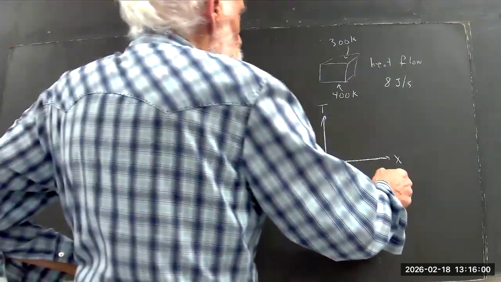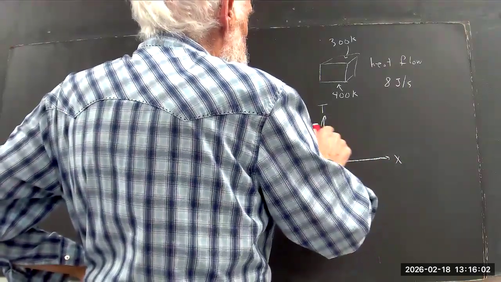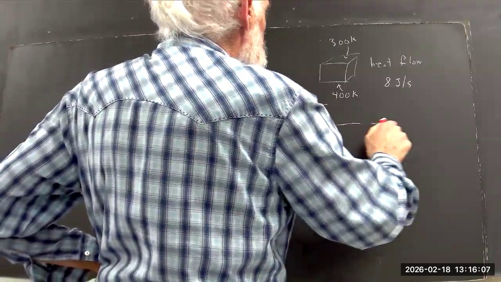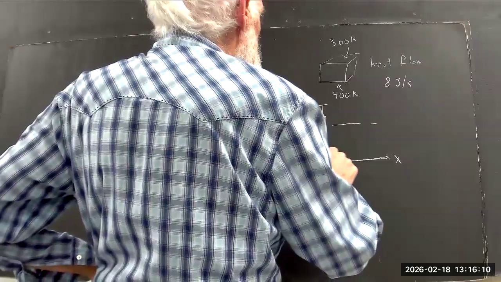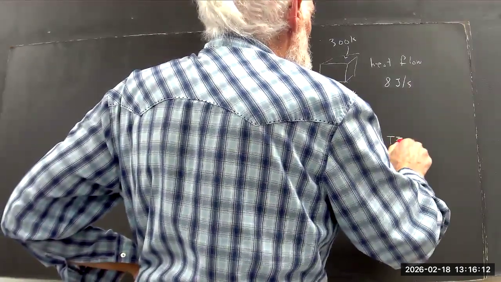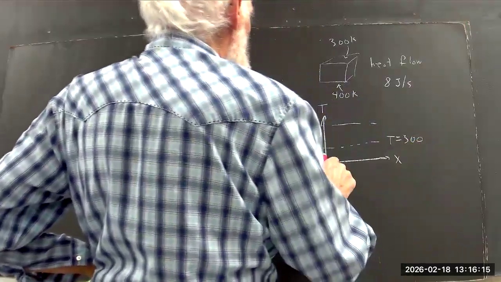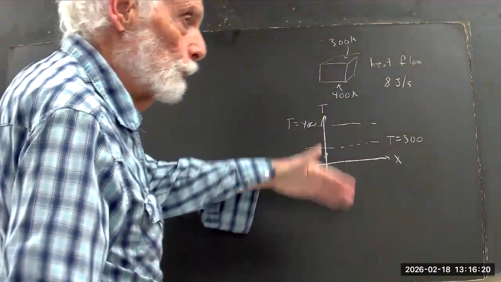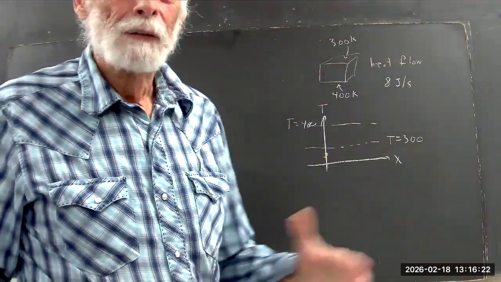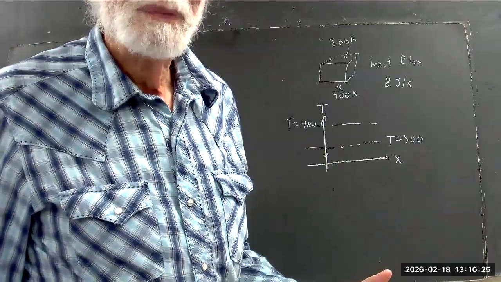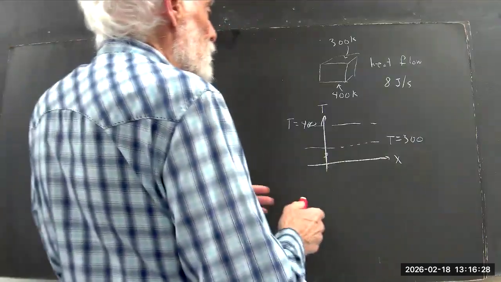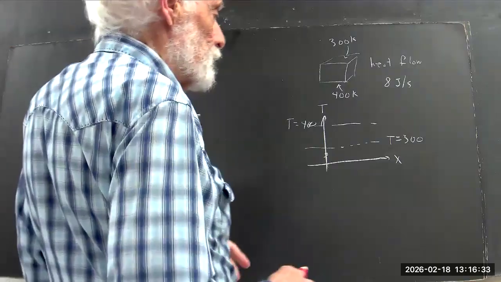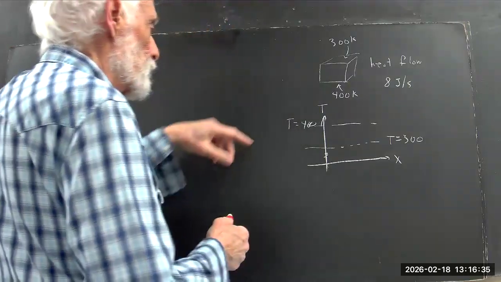So the temperature versus position: if this line is T equals 400, and this line is T equals 300, you've got a little break in the y-axis because zero is down here. That would be absolute zero. There's no point in going down to zero. We can't even achieve absolute zero anywhere, and we're pretty well confined to temperatures in the range of 250 to 400 or something.